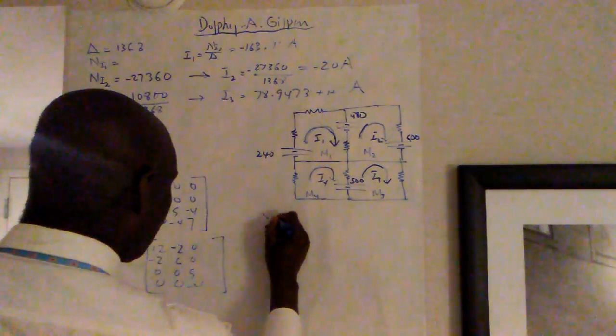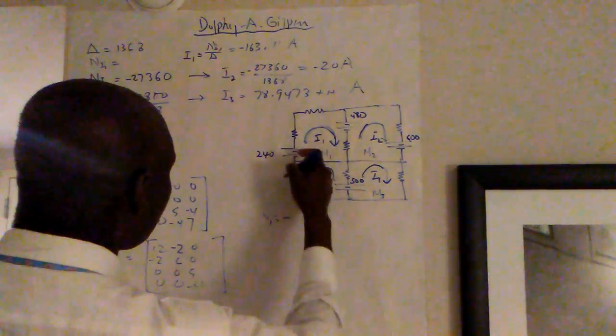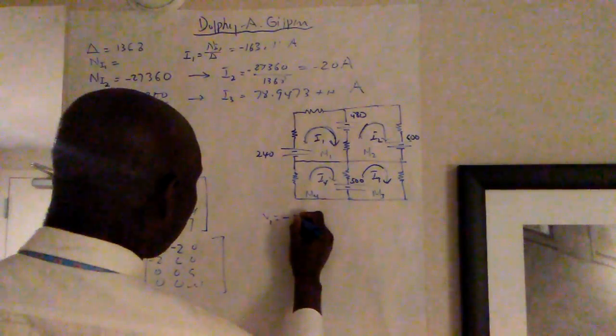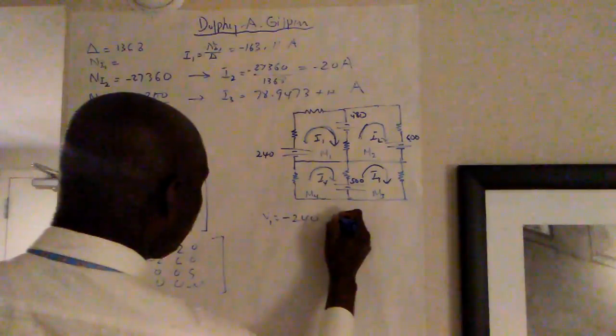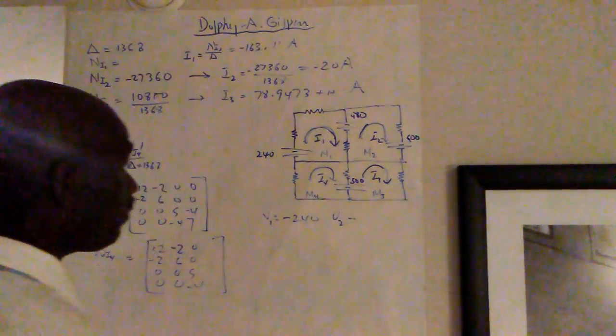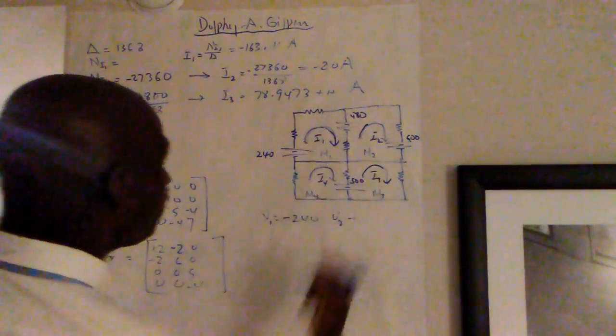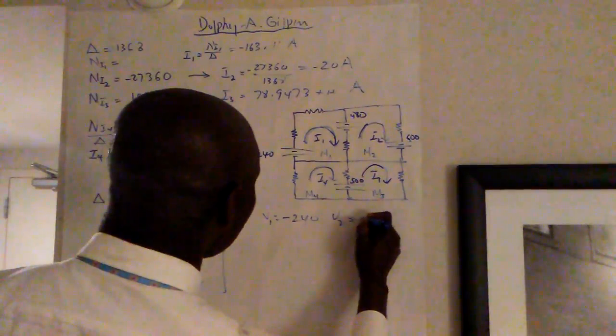So we found V1 was equal now to what? Minus 240. And V2 was equal to minus 120.